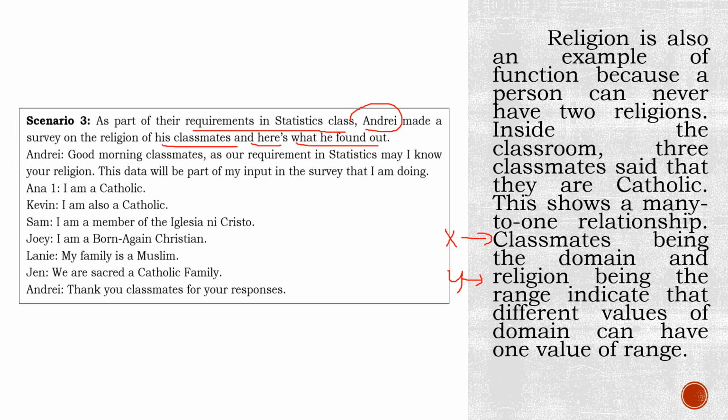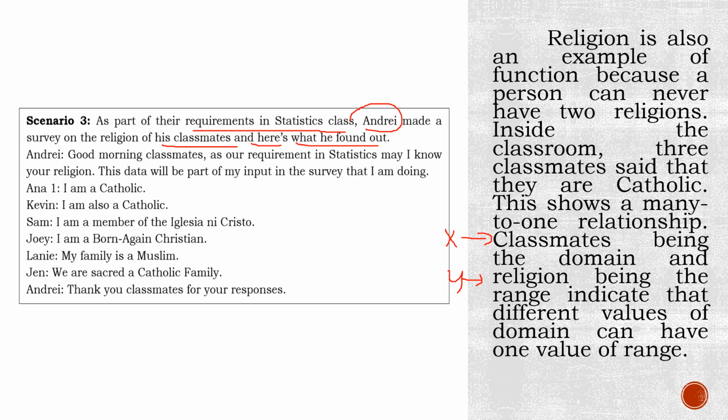So the relationship between your x and y variable is many to one, many students to one religion, and that's Catholic. Anna, Kevin, and Jen are all Roman Catholic. So therefore, it's a many-to-one relationship. Still, it's a function. So your scenario number three represents a function.